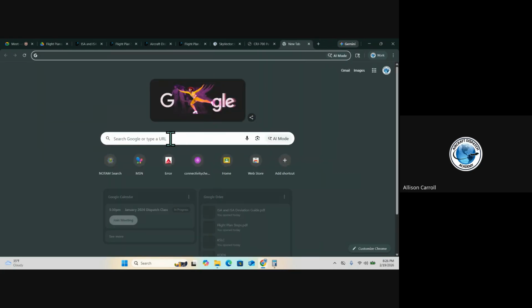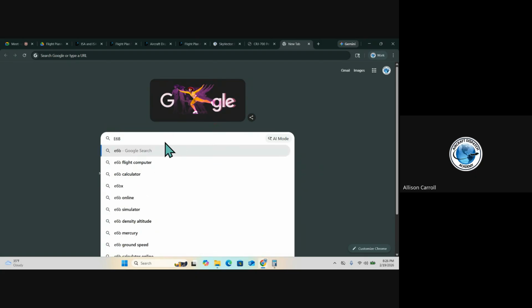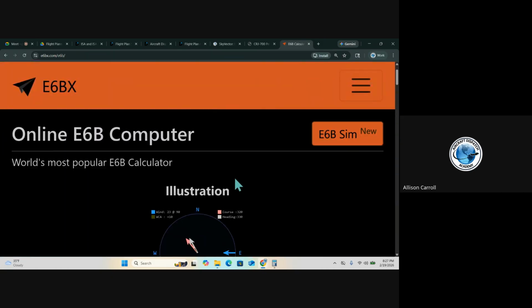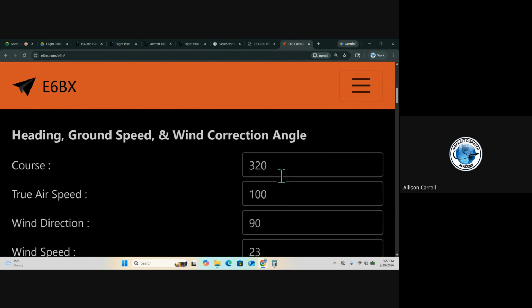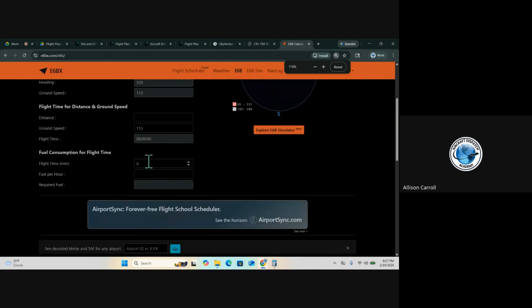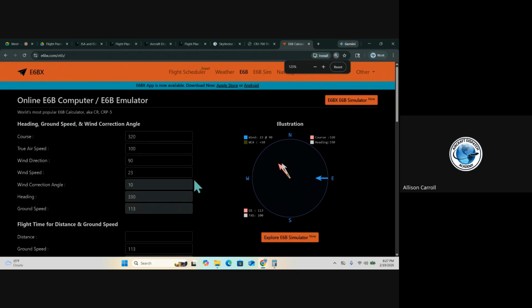Just go to Google, do E6B calculator, and it's this first one right here, E6BX. Oh, and I am super zoomed in, sorry. I'll zoom in just a little bit.